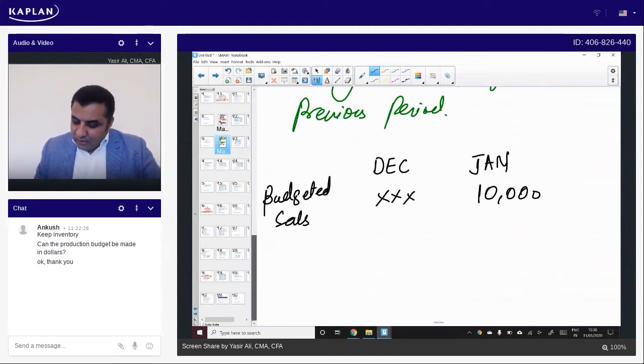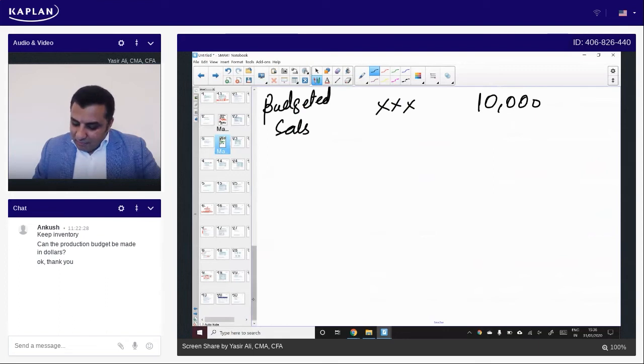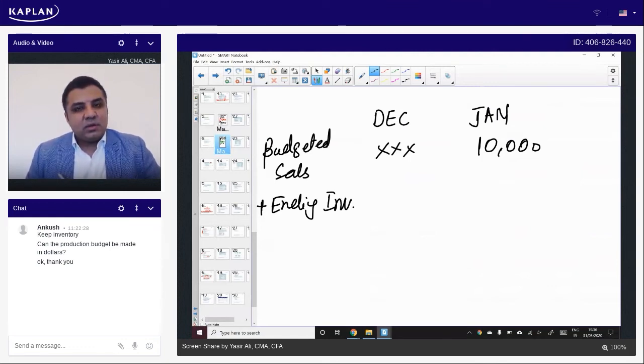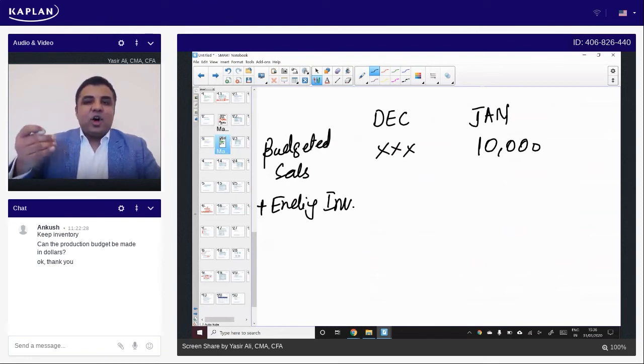Now, when we were preparing the budget for the month of December, we needed budgeted sales, and we can assume any figure, plus the ending inventory for the month of December. What was the ending inventory for December? As per the information given to us, ending inventory for a month is 10% of budgeted sales for the coming month.